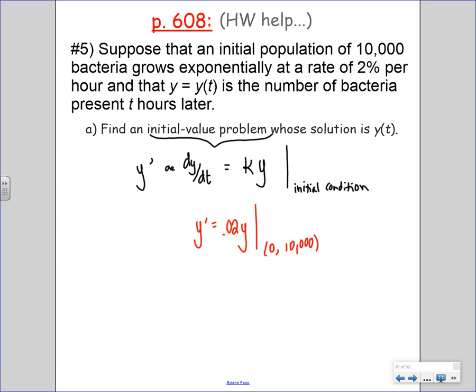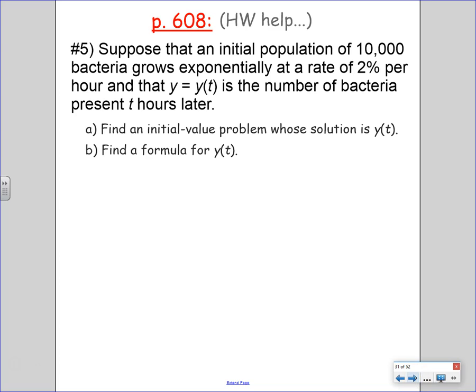So if we know that that's the initial value problem, then how are we going to actually solve for y of t? Same problem, we're just on to letter B. Well, we could take that y prime, see it as dy dt. We could multiply the dt on the other side with the 0.02. We could divide by the y, but hold on, guys, didn't we already realize what happens every time?